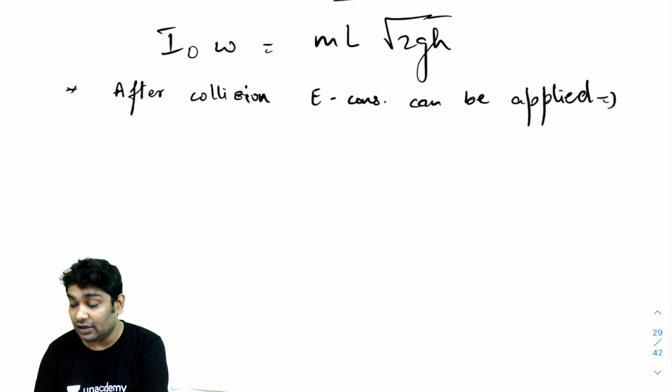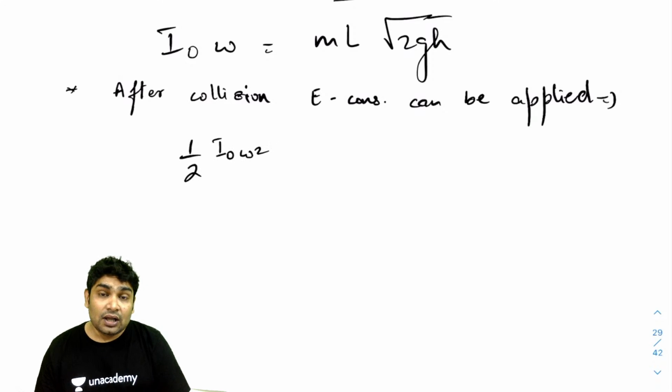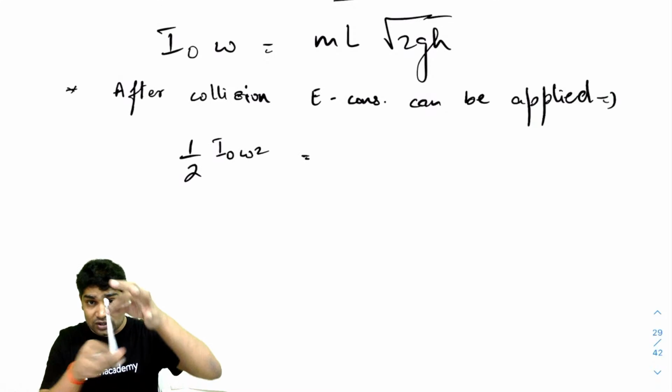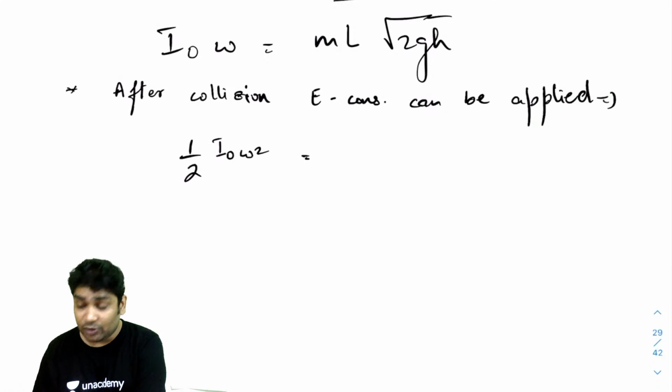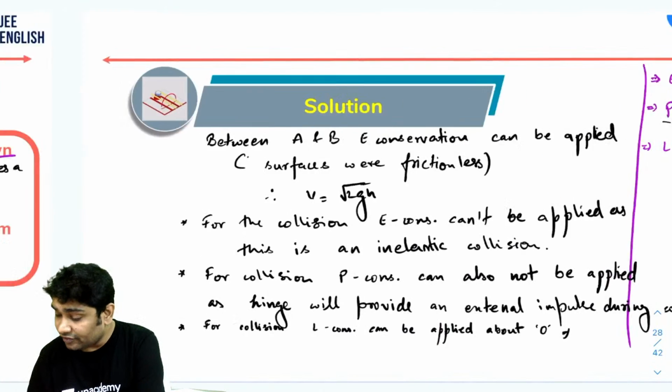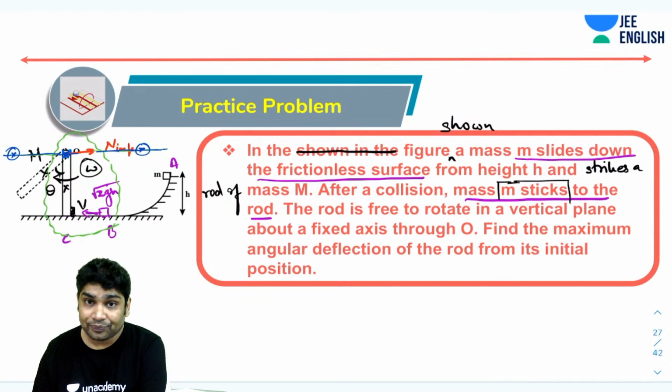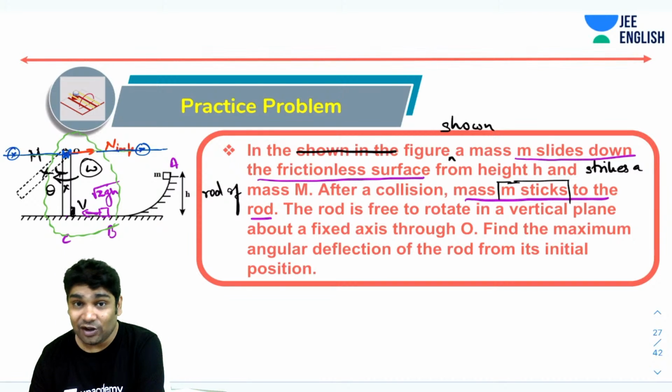That would give me half I naught omega squared. This is the entire kinetic energy, and this would get converted into potential energy. If this goes up by an angle theta, you would have realized the center of gravity of the rod would come up by L by 2 cos theta.